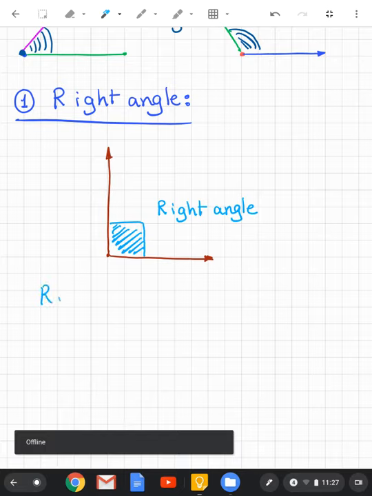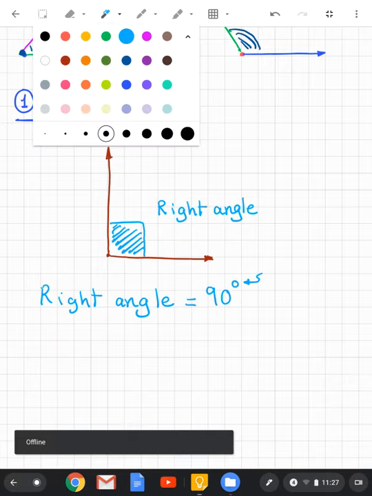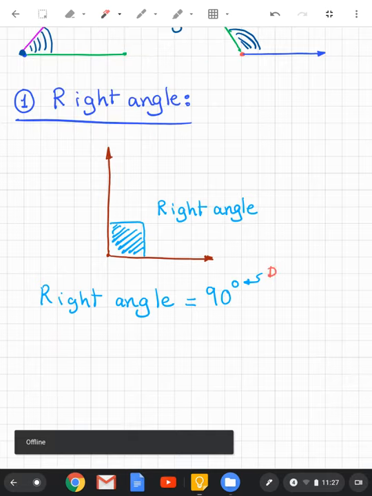The right angle is always equal to 90 degrees. This is the unit of measuring the angle, the degree. So always the right angle, its measure is 90 degrees.